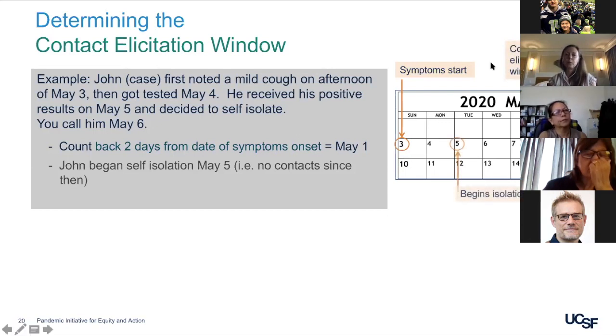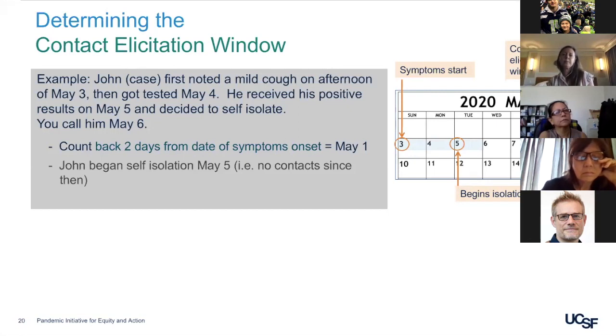His date of symptom onset is the 3rd. Then he got tested on the 4th, received his results on the 5th, and started to self-isolate. When do you call him? You call him on May 6th, and you find out this information.